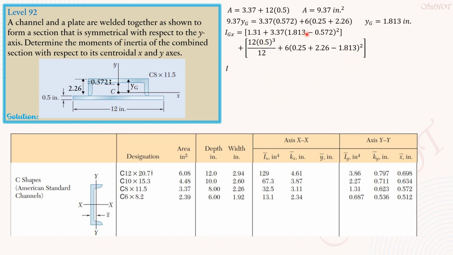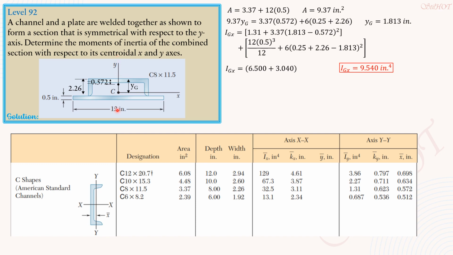So the value of the first term is equal to 6.500. The second term, the plate, is 3.040. Therefore, Igx is equal to 9.540 inches to the fourth.